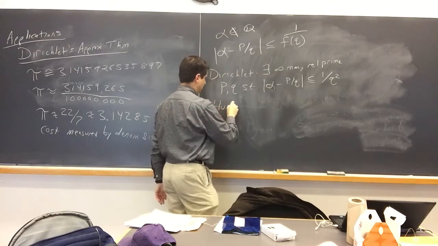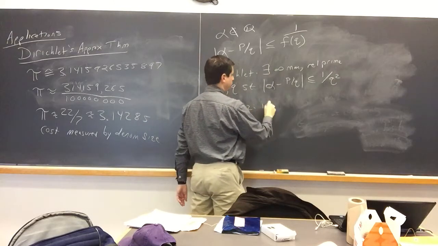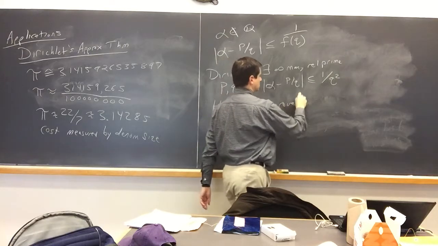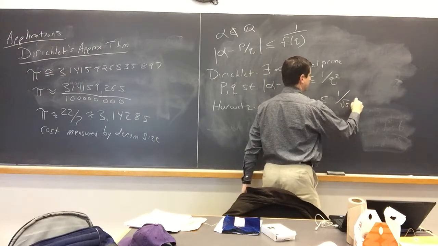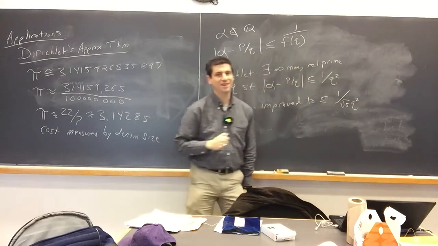Hurwitz improved to less than or equal to 1 over the square root of 5 times q squared.